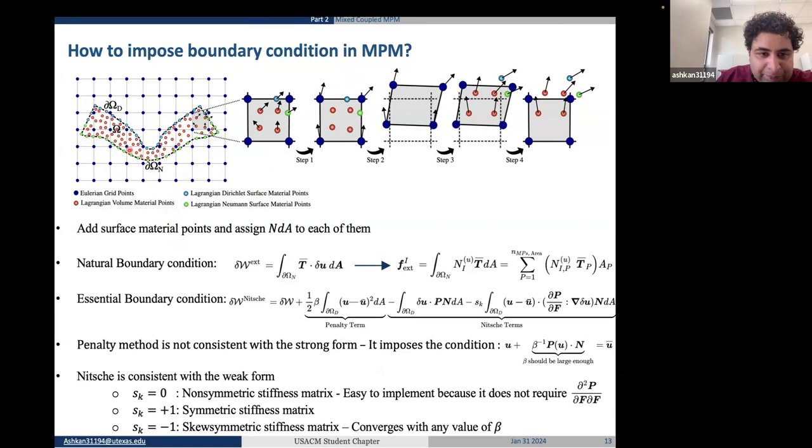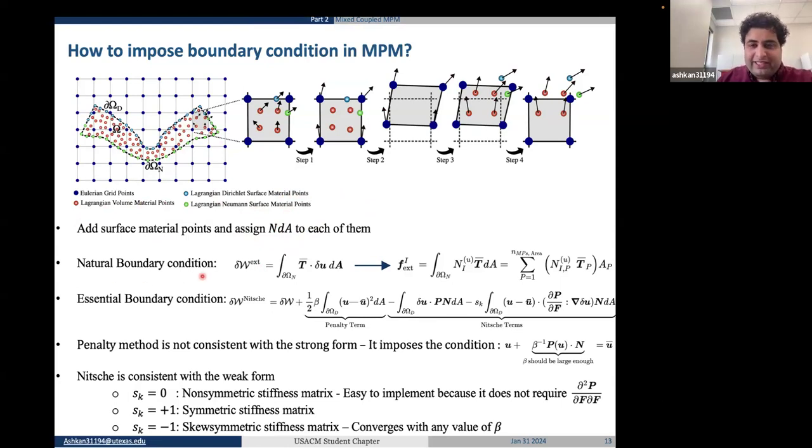We add these green ones and these blue ones as the Lagrangian surface material points for imposing Dirichlet boundary conditions and surface material points for Neumann boundary conditions. And each of these surface material points has N dA, like these red ones which have dV. This N is the normal to the surface, and dA is the area element.